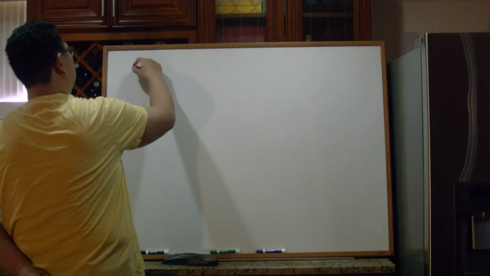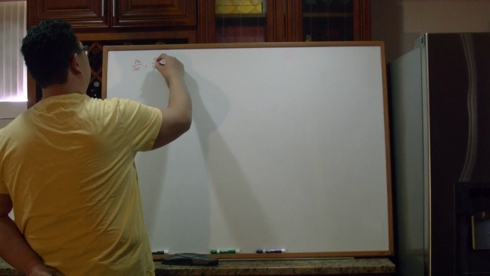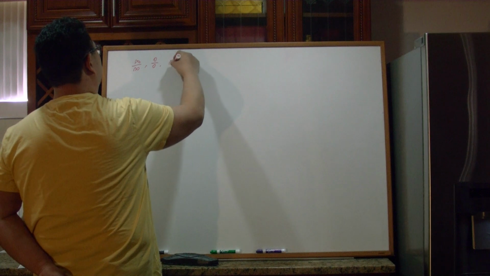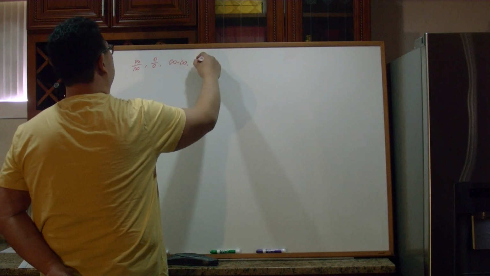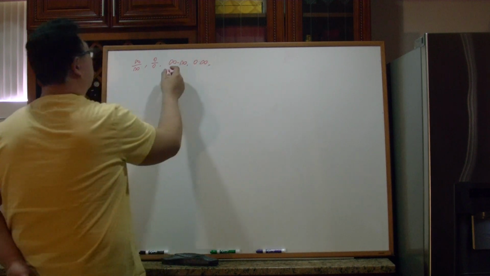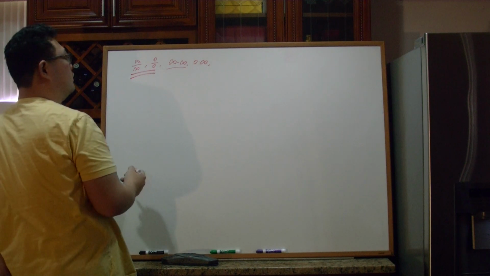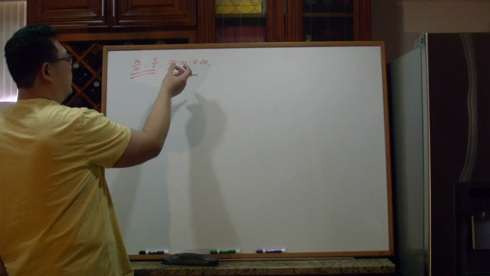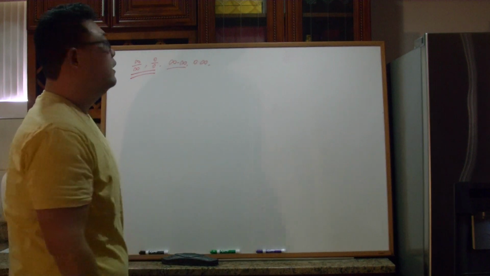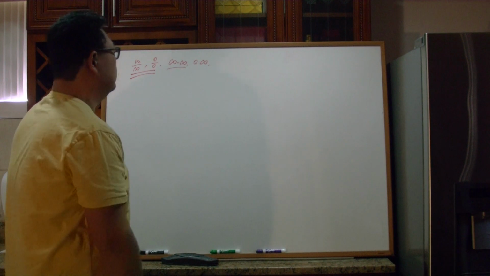So in conclusion, we have infinity over infinity, 0 over 0, infinity minus infinity, and 0 times infinity. The first two could be directly applied with L'Hopital's rule. The third one we can maybe turn into a fraction, then apply L'Hopital's rule.